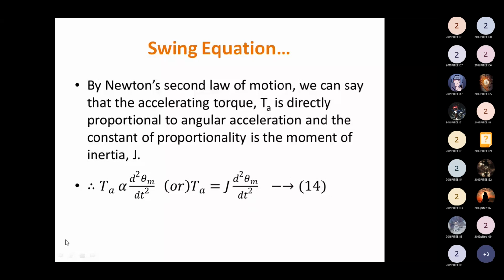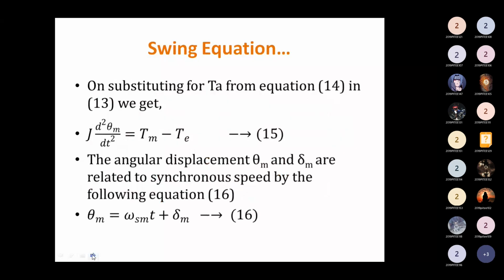Now I am substituting TA from equation 14 in 13. In place of TA, I substitute J d square theta m by dt square, which is equal to TM minus TE. This equation is 15. Next is the angular displacement theta m.